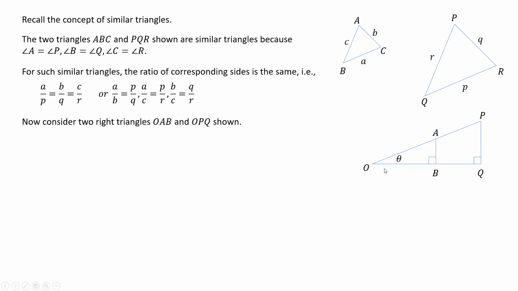Nice. What about this angle? Theta. Well, that is theta, and that angle, is that an angle of the triangle OAB, or is that the angle of the triangle OPQ? Both. Oh, you mean theta is the same angle whether you look at it as OAB's angle or OPQ's angle?